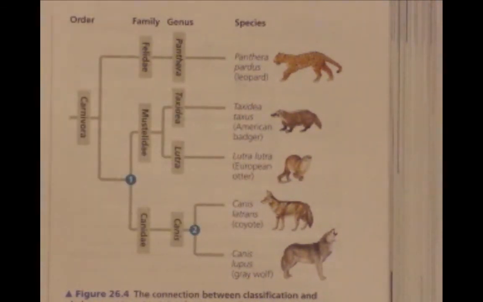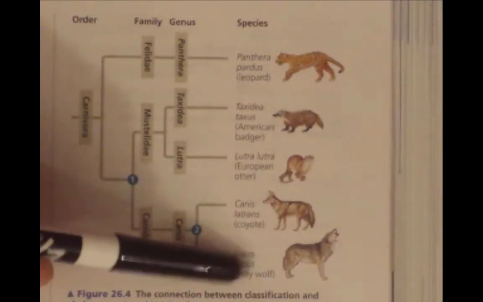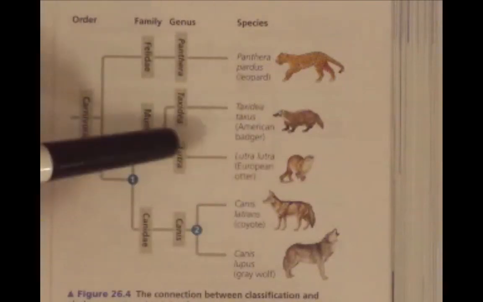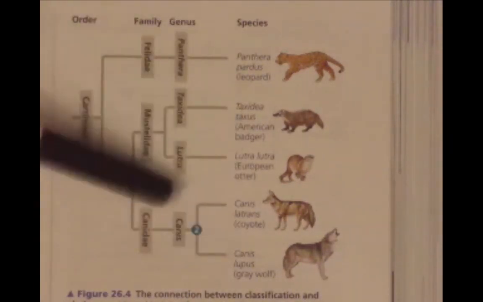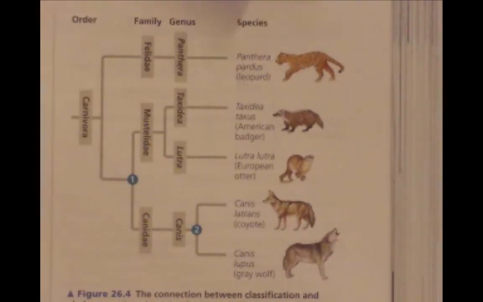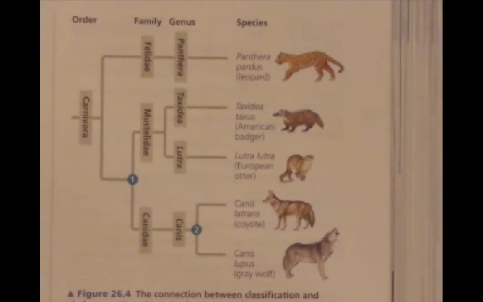It does tell us that. But it does not tell us that the age of the gray wolf or the otter are any different. They could have arisen at the same time. This tree does not indicate that. It only talks about the most recent common ancestors and the relatedness of those in terms of time.